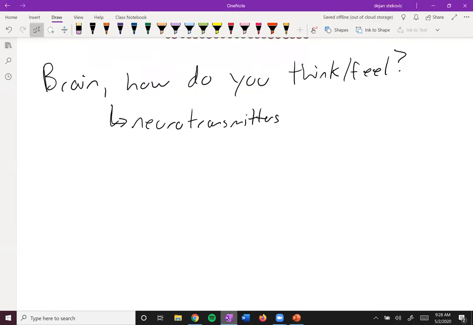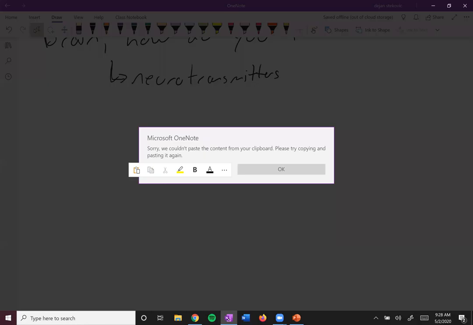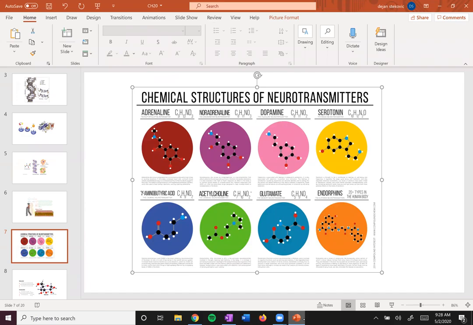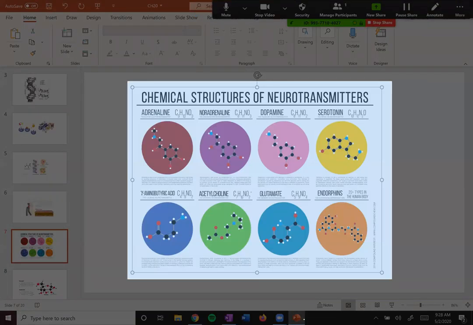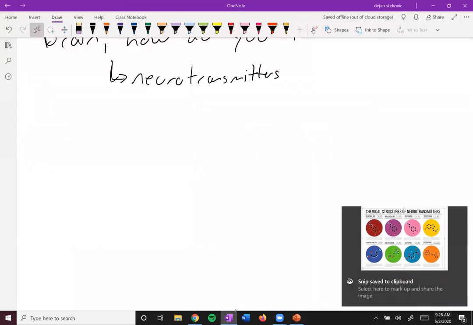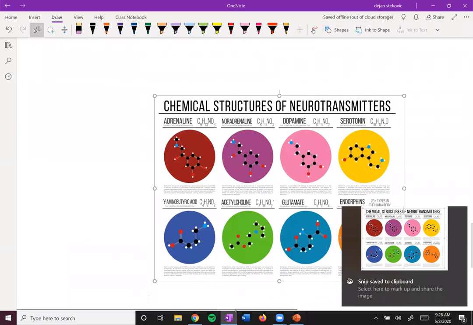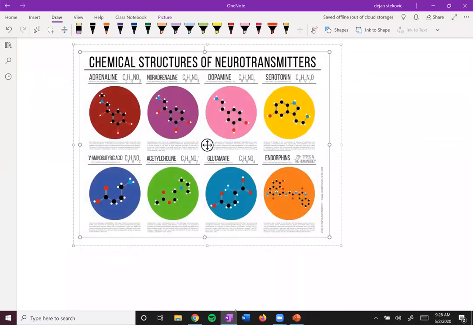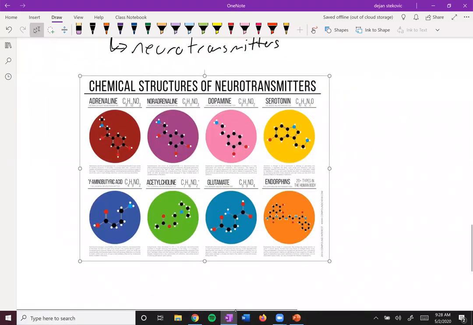And so if you take a look at what those are made out of, right, there are some common neurotransmitters, dopamine, serotonin, all of these kinds of good stuff.